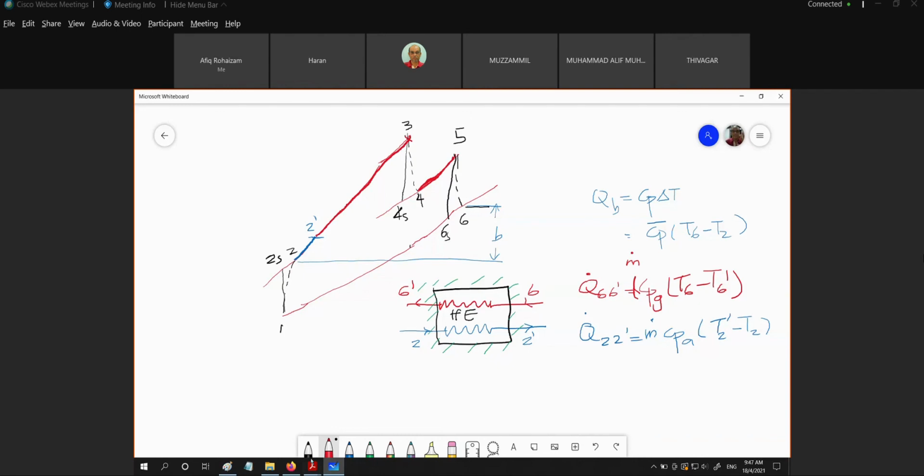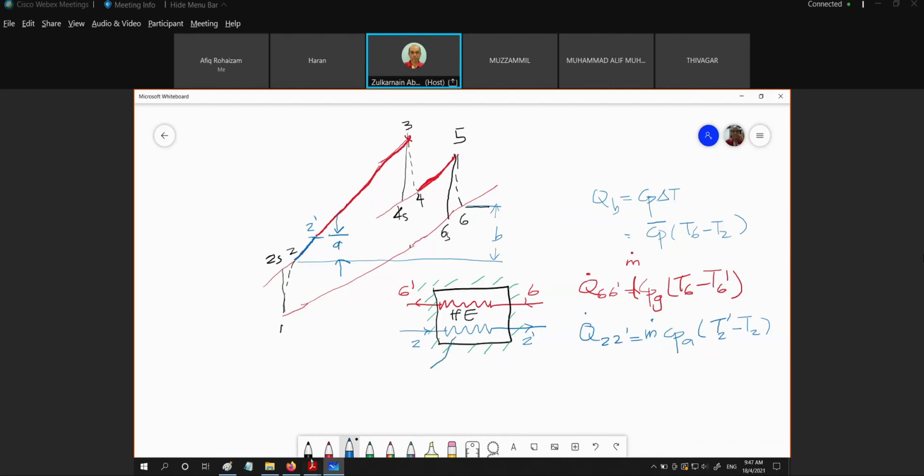So let us have the increment in temperature of this, let's say this is SA. Due to the inefficiency of the heat exchanger, we have a parameter called the thermal ratio.